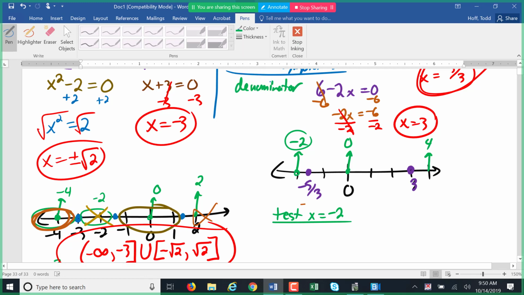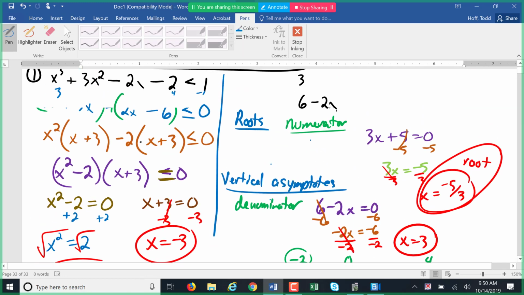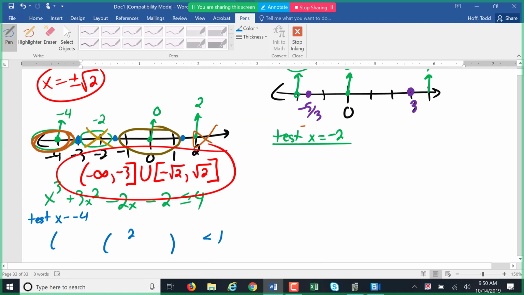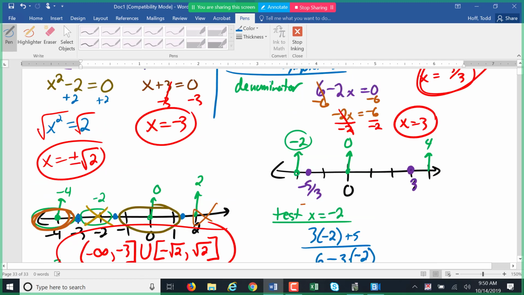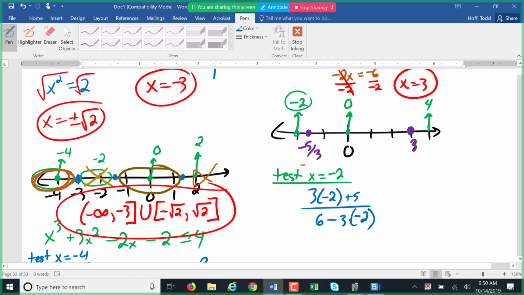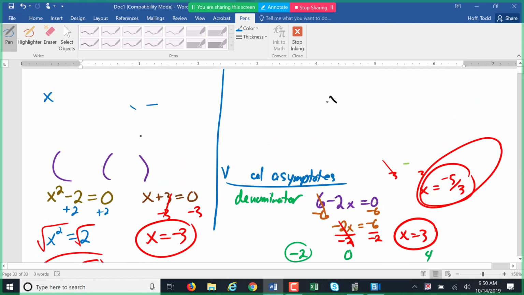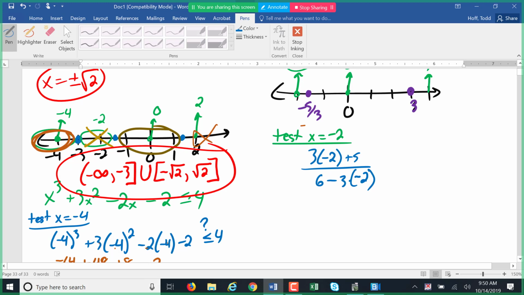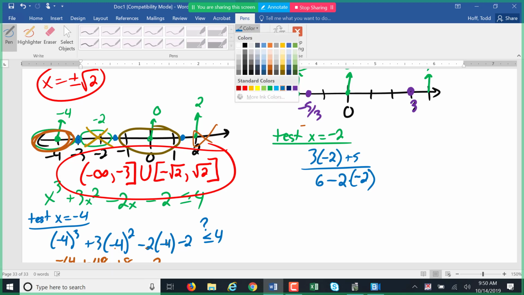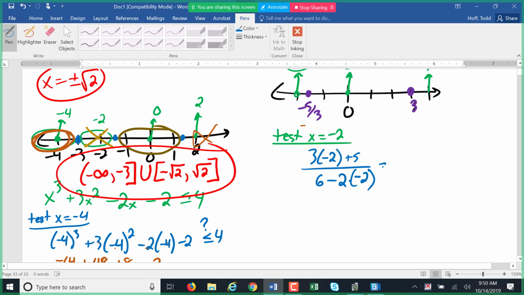So if we test x equals -2, we have 3 times -2 plus 5, over 6 minus 2 times -2. So we go ahead and work this out on top.